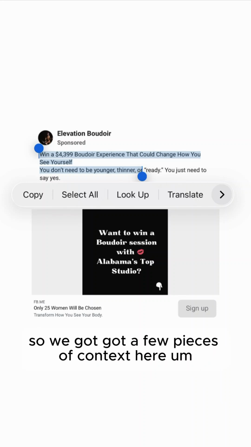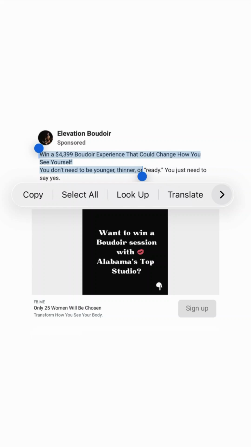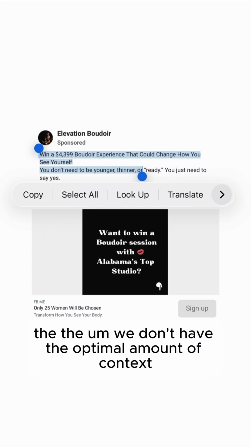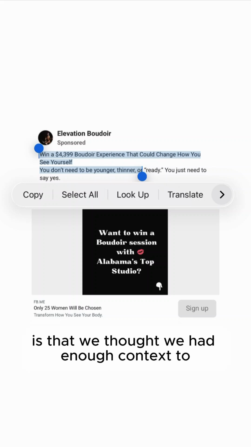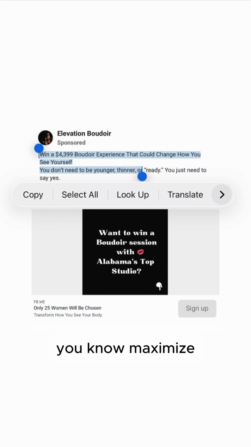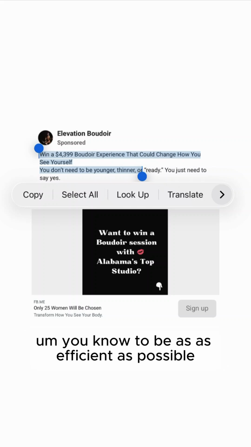All right, so we got a few pieces of context here. But we're still making the lack of context mistake. Like we don't have the optimum amount of context, and the false belief causing us to make this mistake is that we thought we had enough context to optimize the amount of women that click somewhere on our ad out of 100, you know, to be as efficient as possible.